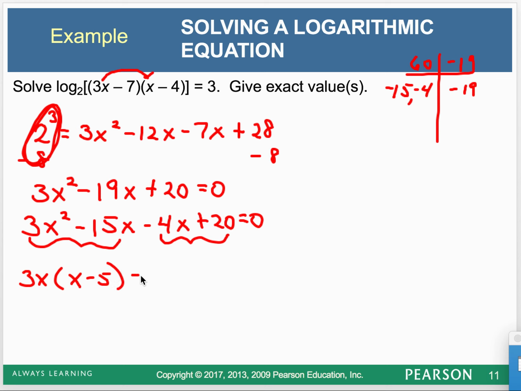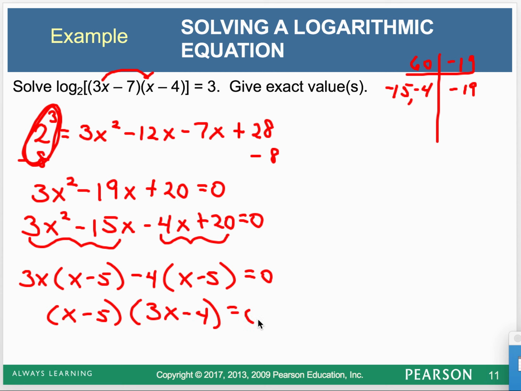And I can factor out a negative 4, which also leaves x minus 5. So I have x minus 5 times 3x minus 4 equals 0, which means one of them's got to be 0. So either x is 5 or x is 4/3.